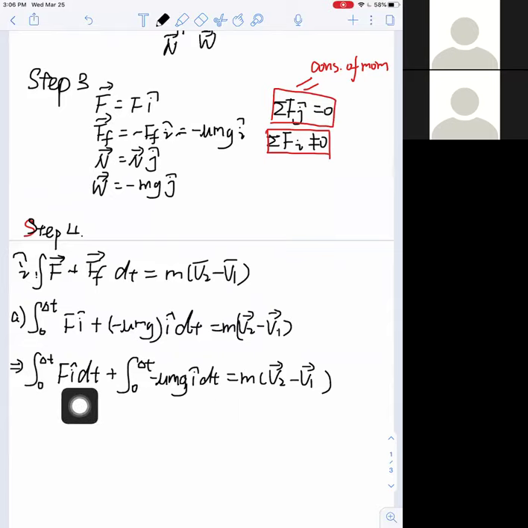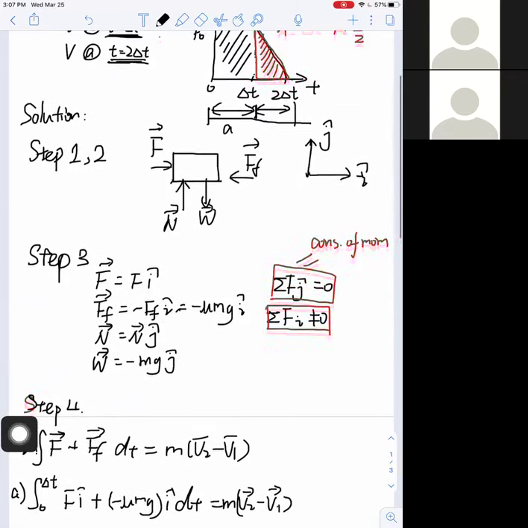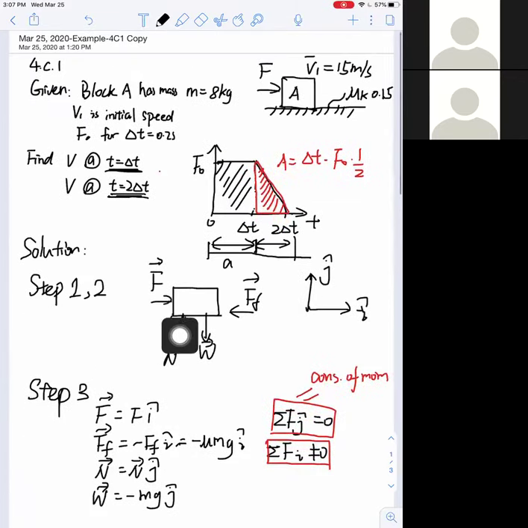How to solve this? If you look at F, let's consider it as a variable within this range 0 to delta t. Let's go back to the profile of F, and you will realize between time equals 0 to delta t, F is a constant, right? That's a constant.